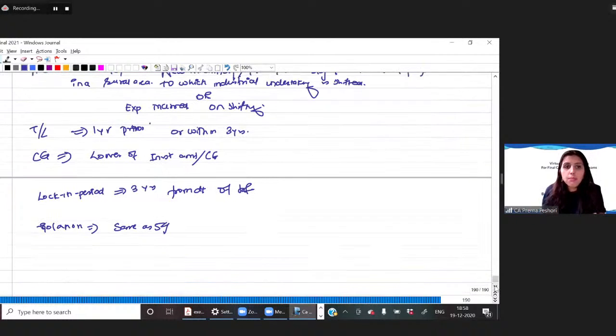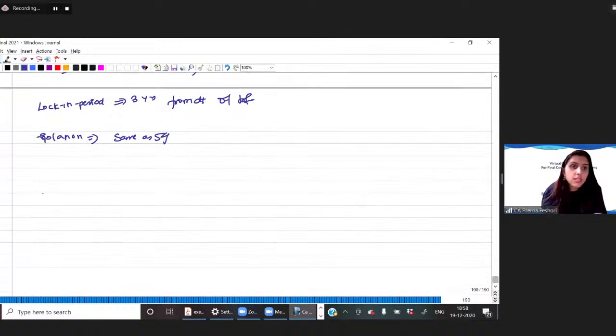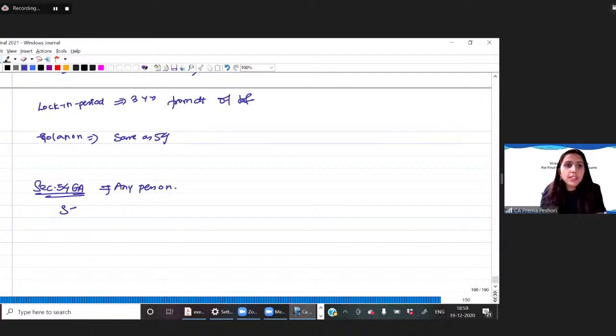Next one is also similar. Section 54GA. What is section 54GA? Available to any person. Nature of asset, short-term or long-term capital gain. What is the asset which is to be sold?